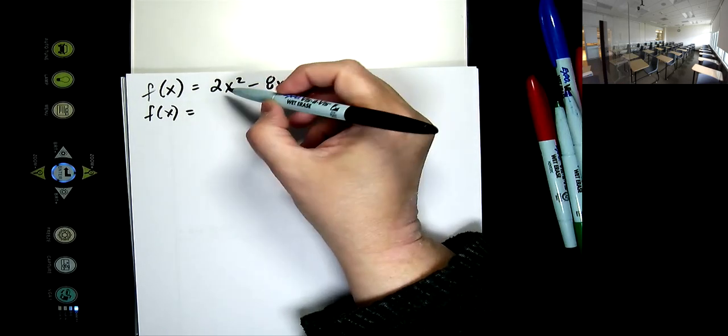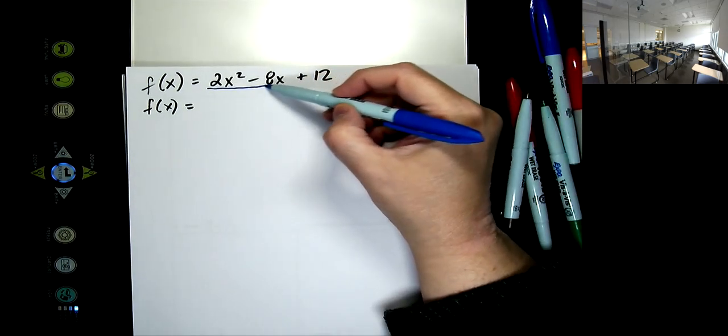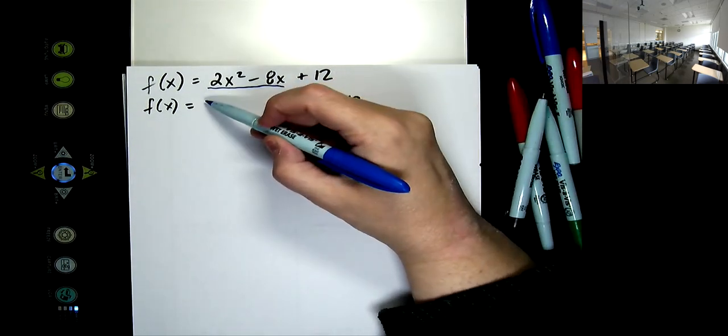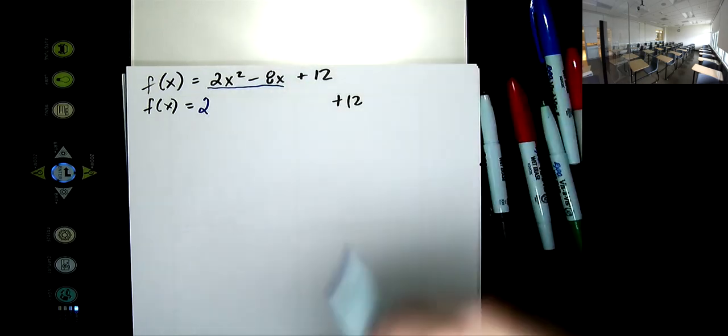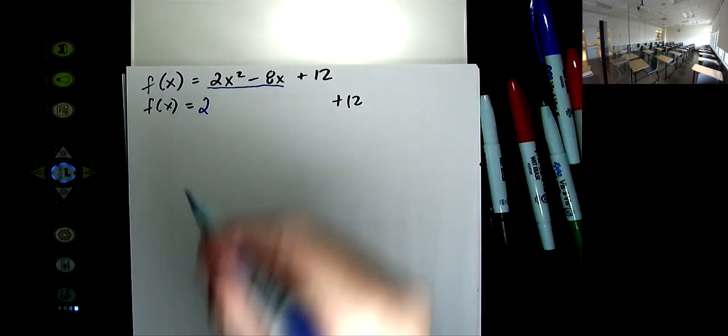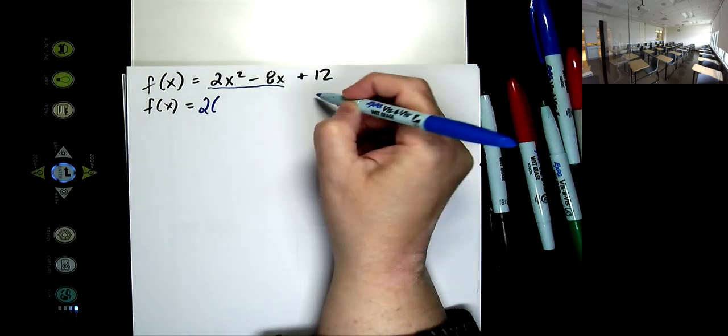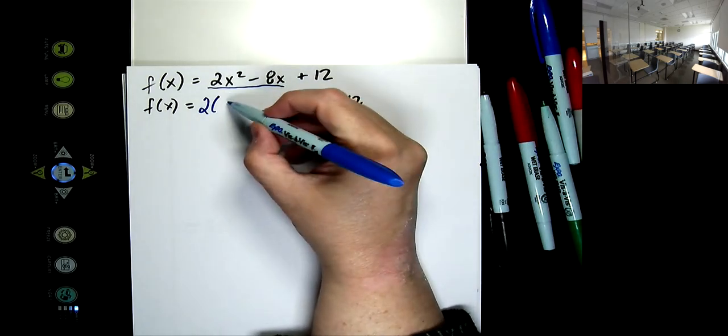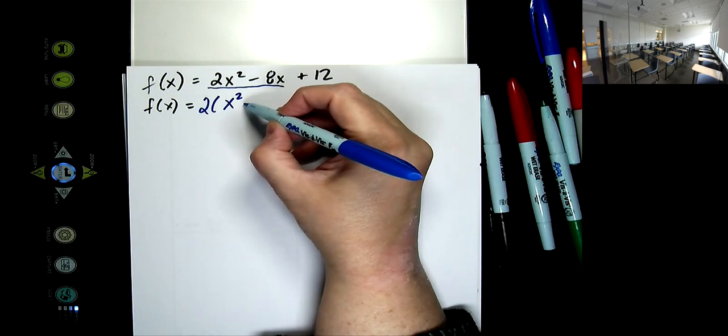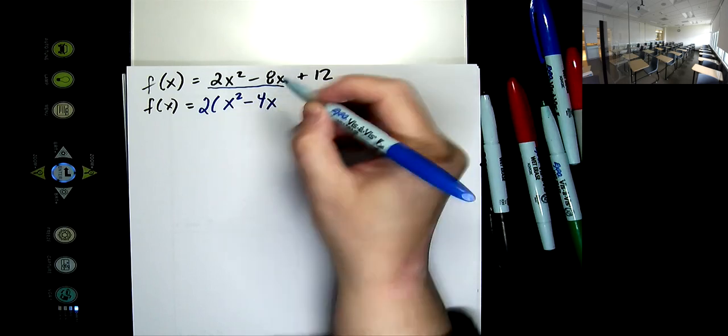What I'm going to do for this portion right here is I'm going to factor out the coefficient in front of x squared. I'm just going to put it out front. And this will now say x squared minus 4x.